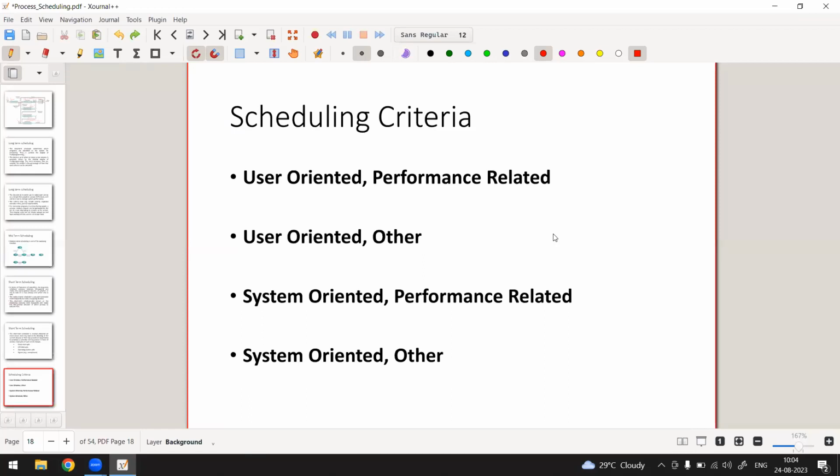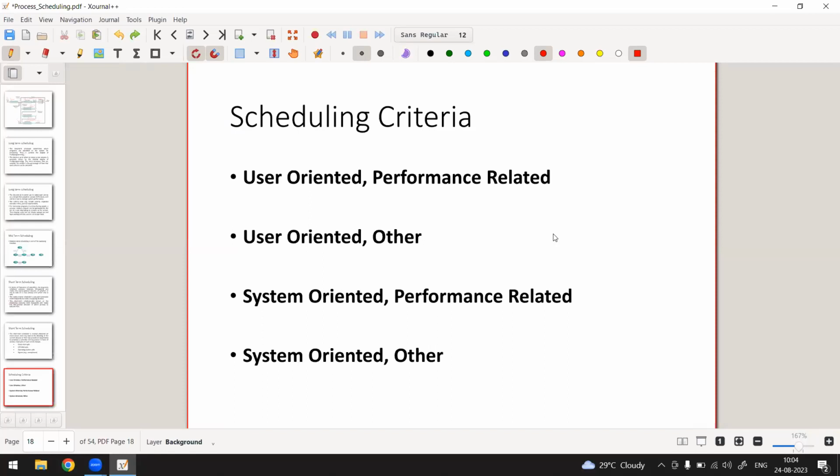So we will see what scheduling criteria are. Basically, scheduling criteria means the parameters based on which you should take the scheduling decision. For example, I have to schedule your lectures. One of the scheduling criteria is fairness, meaning that all the subjects should get the same number of lectures.